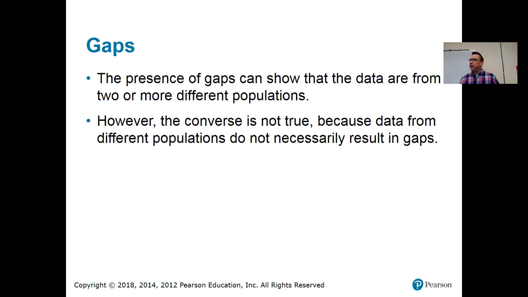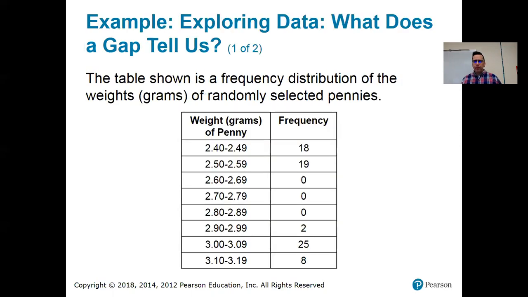However, different populations do not necessarily give you gaps. There's a really nice example here of something with gaps, and there's a logical explanation of why there are gaps. This table is a frequency distribution of the weights of randomly selected pennies.